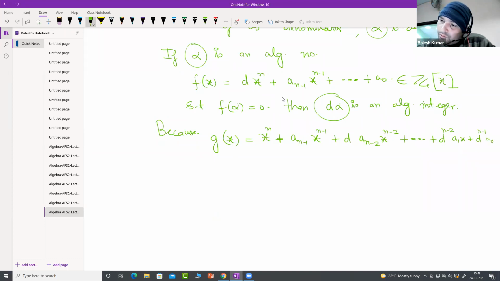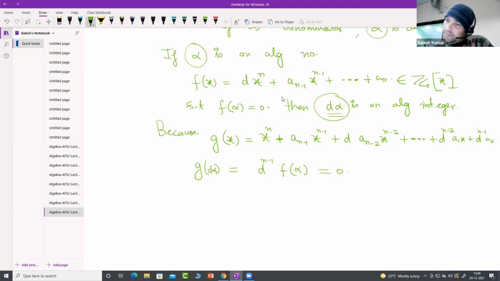Now if you put in g of alpha, we can take d to the power n minus 1 as common, so d to the power n minus 1 times f of alpha. Sorry, I should take g of d alpha, because our claim is that d alpha is an algebraic integer. So g of d alpha is precisely this, which is equal to 0.